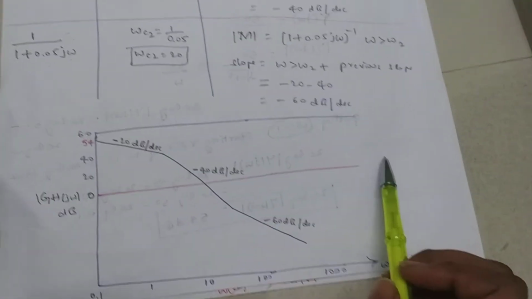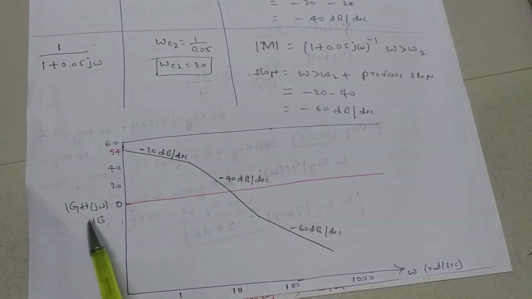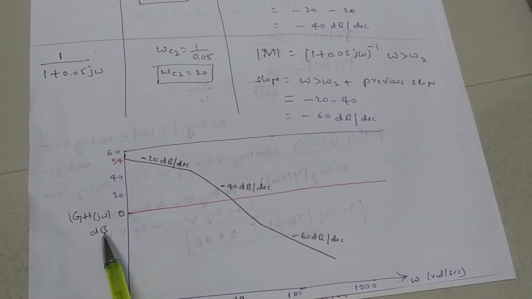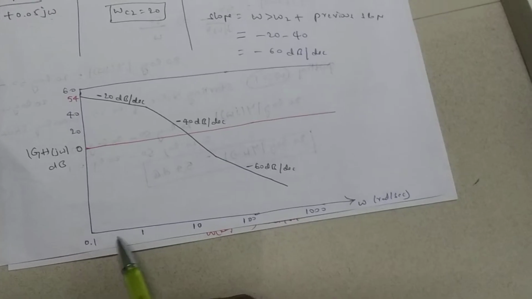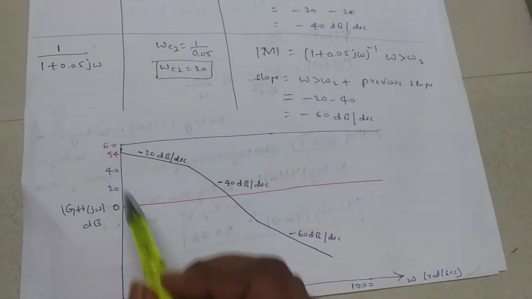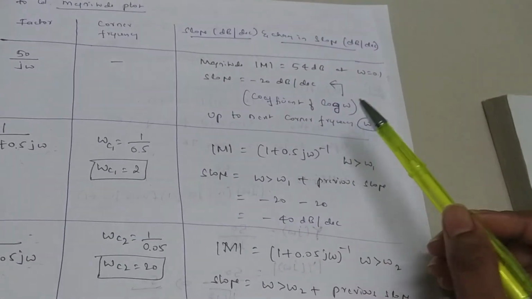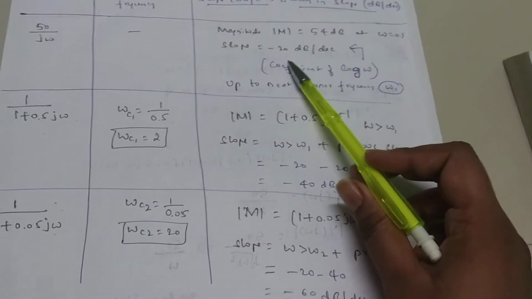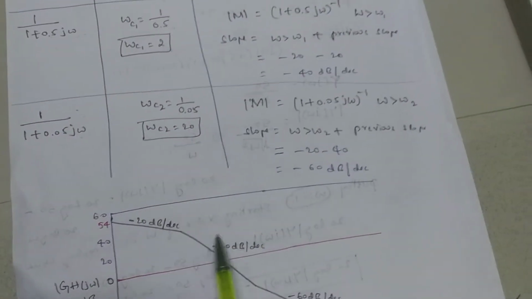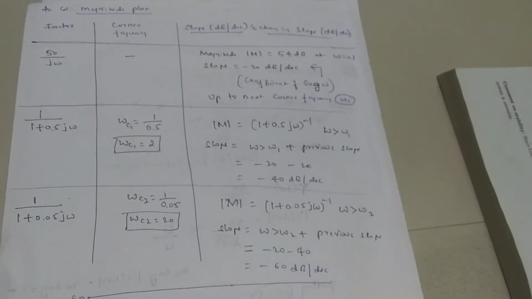For your reference, this is the magnitude plot, GH of j omega in dB, and the horizontal axis is in radian per second. These are the reference plots. For the first factor the slope is minus 20 dB, the second factor is minus 40, and the third factor is minus 60 dB per decade.